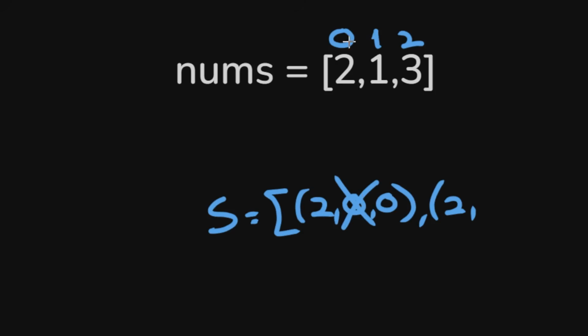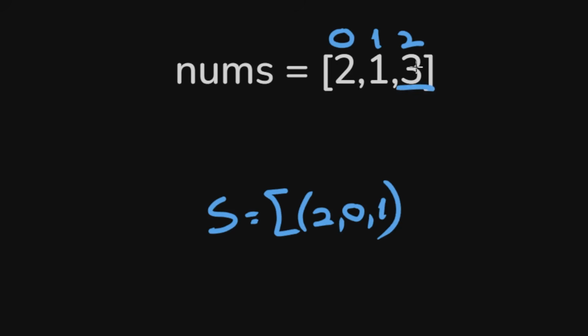For left, we keep this left bound, so we keep 0. And for right, we keep the current index, 1. And just to be clear, this means that now we are extending this range. Now the maximum number that we can get for every index here is 2. Next we are here, this is a 3 and 3 is larger than the last value in the stack.